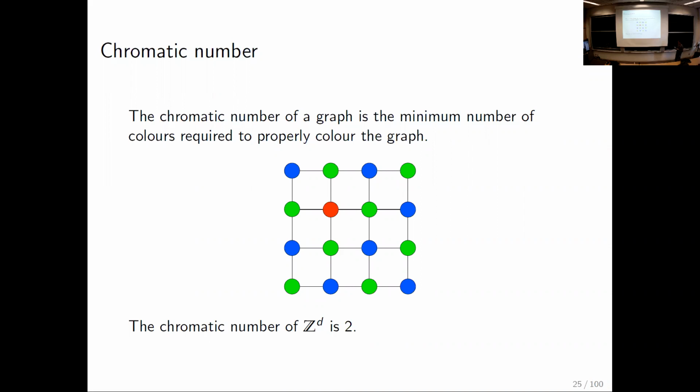So if I'm looking at the chromatic number of the grid that we are talking about here, you can alternate between, say, green and blue, and you can color the entire grid. Yes, it's just to remind the audience that we indeed are talking about two colors.